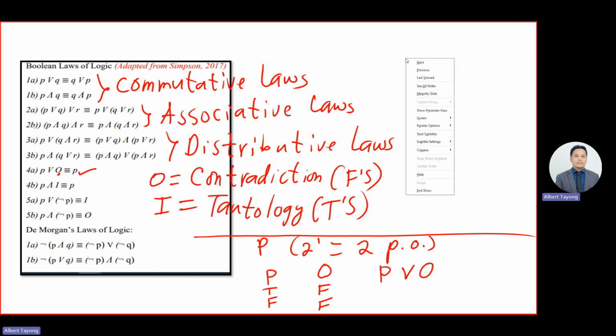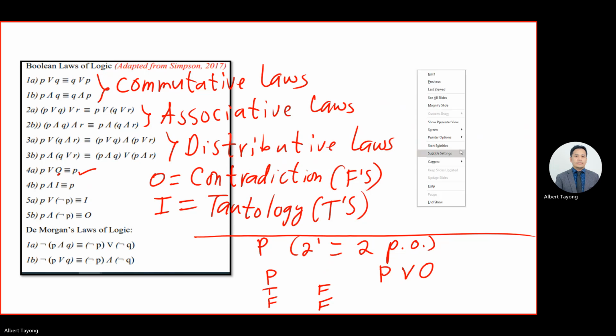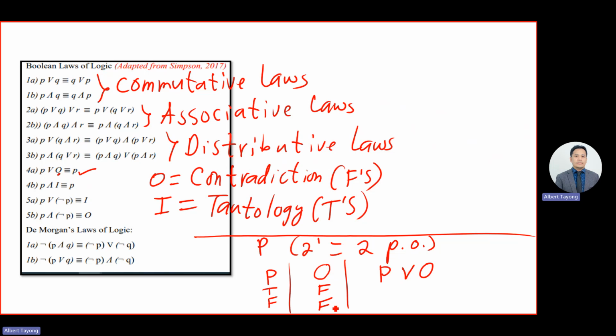Okay, doesn't look good. Okay, this is our contradiction. This is our P. So true or false is true. False or false is actually false.